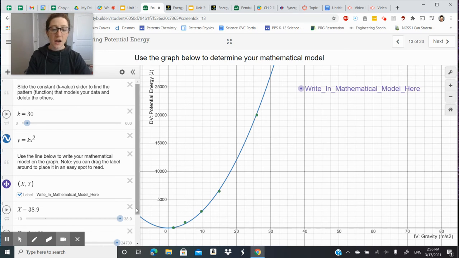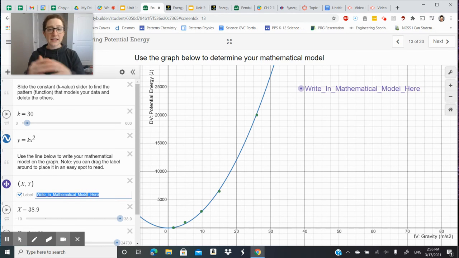Please don't get distracted thinking you need to be getting the same data as me. I used fake data. So what I'm going to do is put in for y what my dependent variable was, so that's my y-axis. For k, I'm going to put in the value I see on the slider. And for x, I'm going to put in my independent variable.